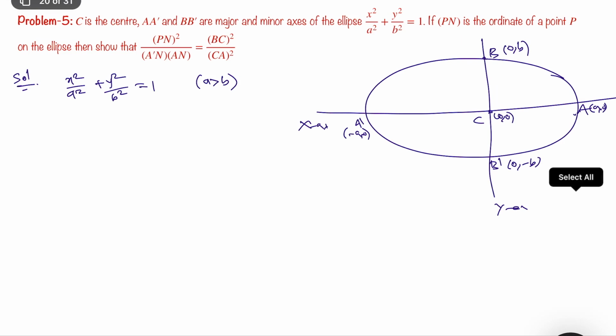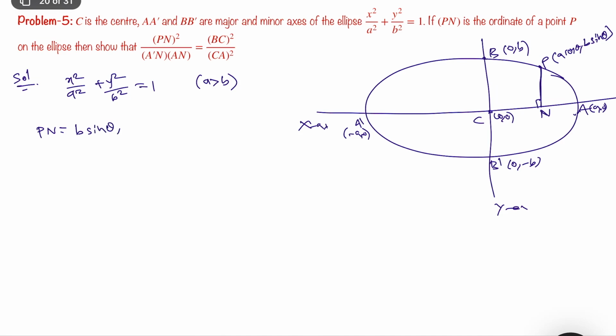Now P is a point on this ellipse. Let us say here is P. If I want to write the parametric form for this point, we can write (A cos theta, B sin theta), where theta is the eccentric angle of this point P. If PN is the ordinate of the point P, that means if I draw a perpendicular onto the axis, it meets at some point N. This PN is exactly the ordinate of the point P. So PN equals the ordinate of the point P, that is B sin theta.